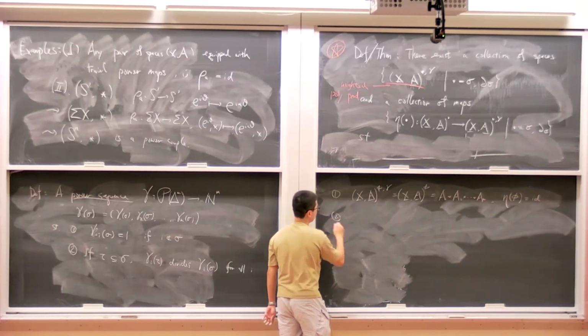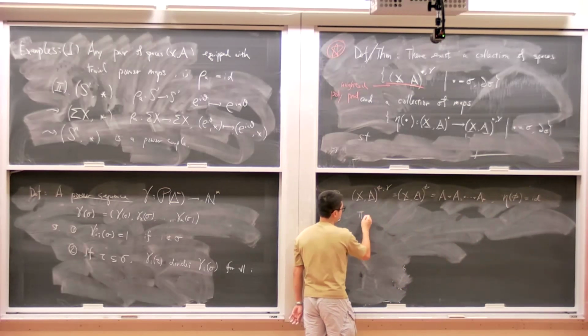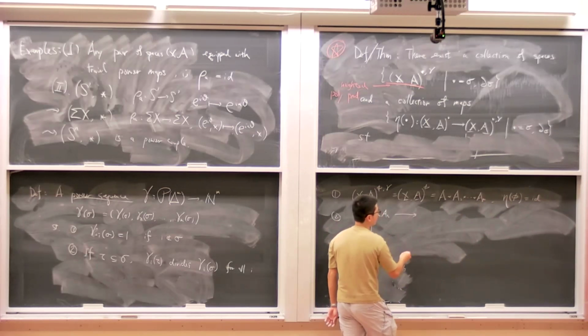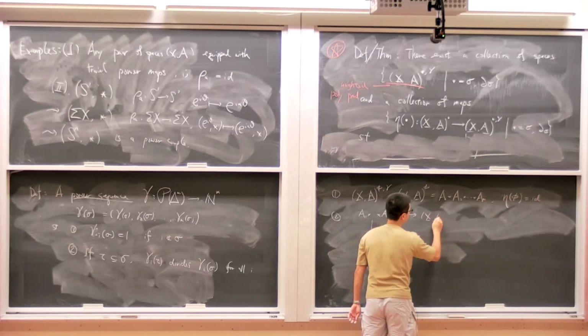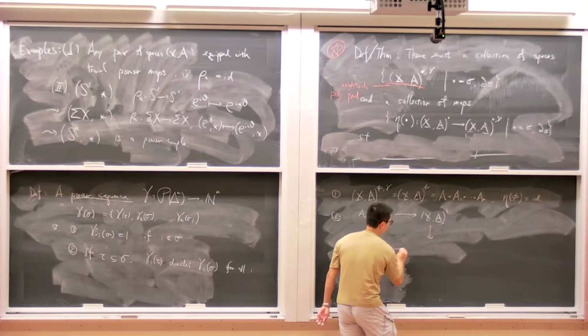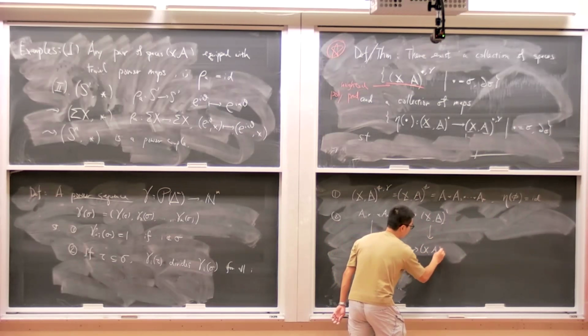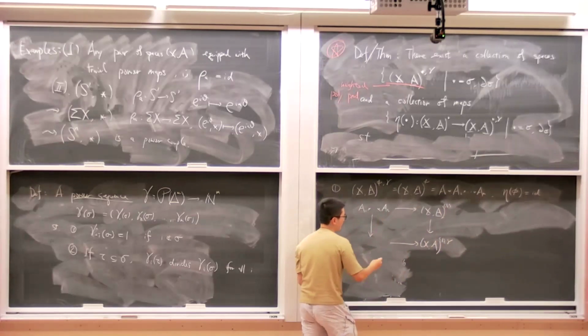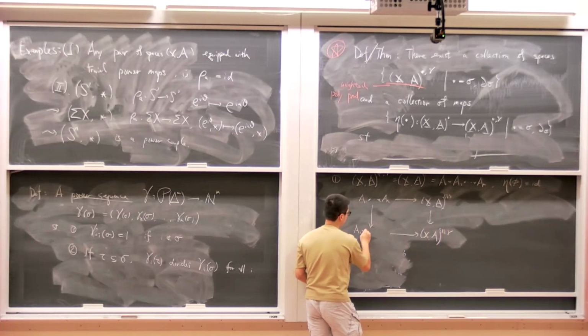And then second, we define the weighted polyhedral product with respect to vertex 1, gamma, using this push-out diagram.